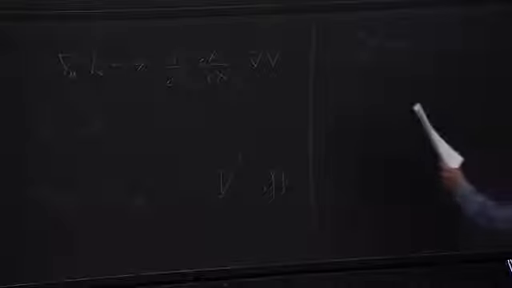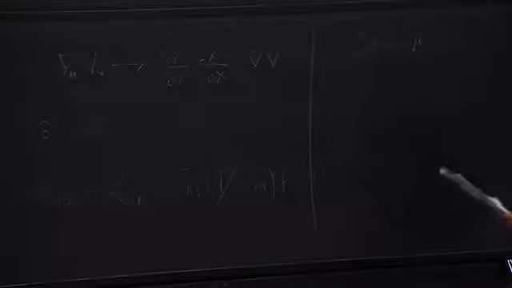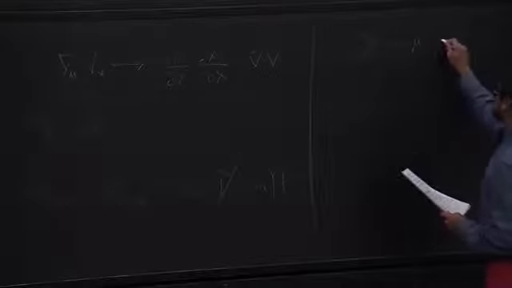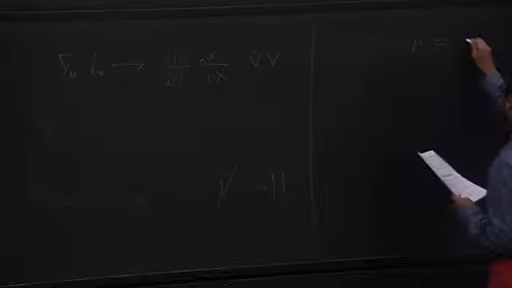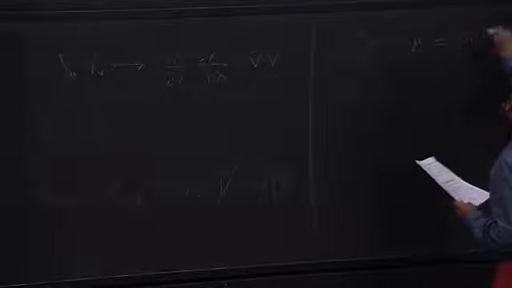A photon is not charged, but it has a space-time index. So associated with this we now have i e gamma mu. So the electron, positron, or photon-fermion coupling has now a gamma matrix. That is the most important change.